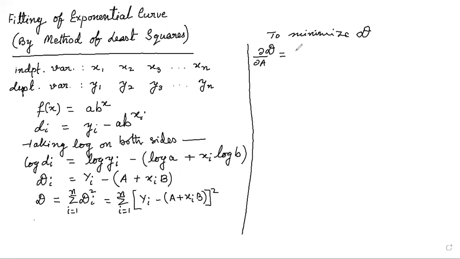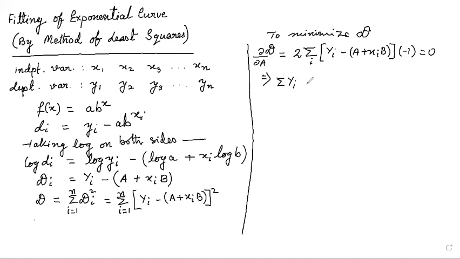Differentiating with respect to A, we will be getting twice summation over i of yi minus a plus xib, and since the coefficient of a is only -1, it will come out as -1, and this will be equal to 0.